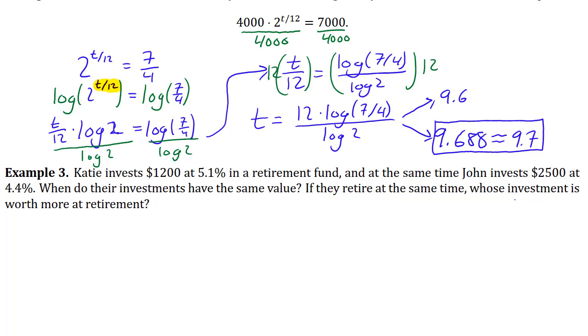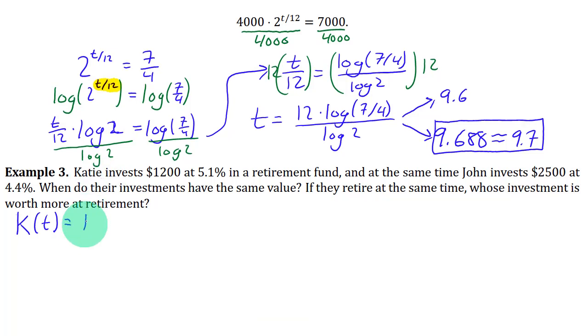Okay, so first, let's write a formula for the values of their investments after t years. So let's say K of t is the value of Katie's investment. Get it? KT? Katie? KT? Okay, anyways, it starts at $1,200 and it has a 5.1% interest.